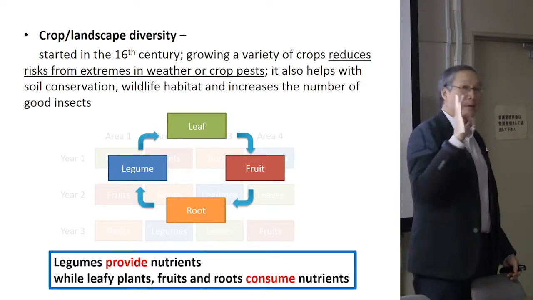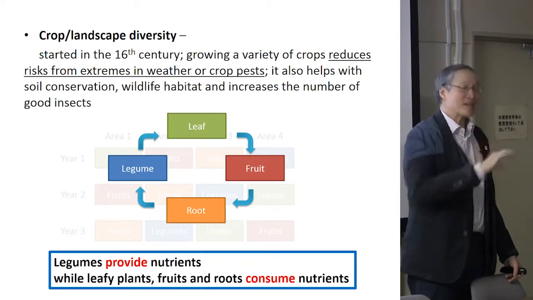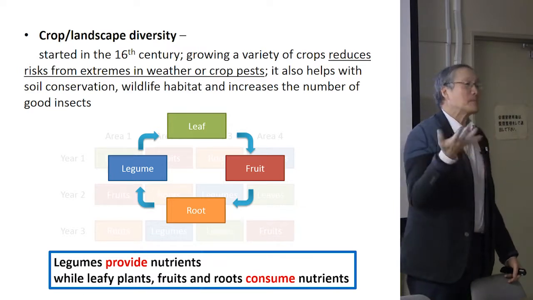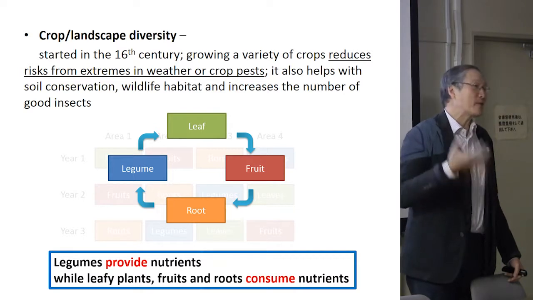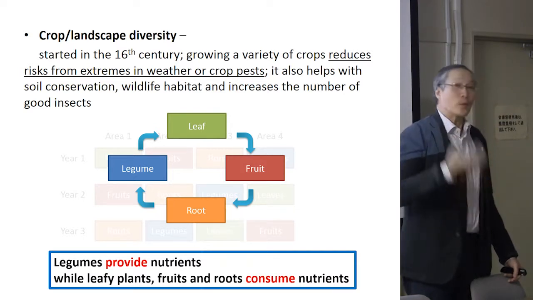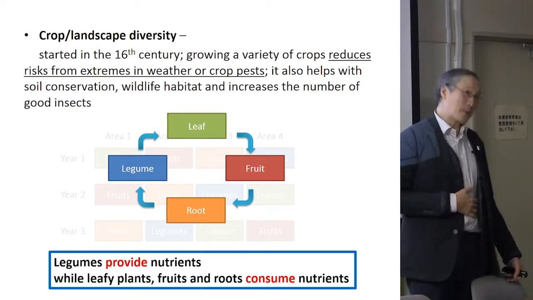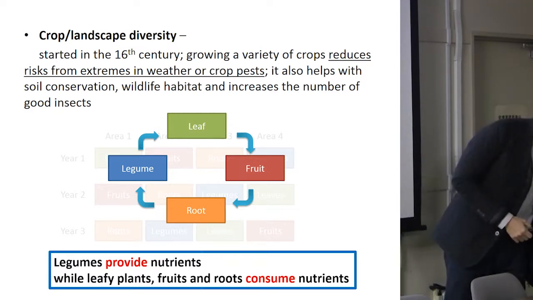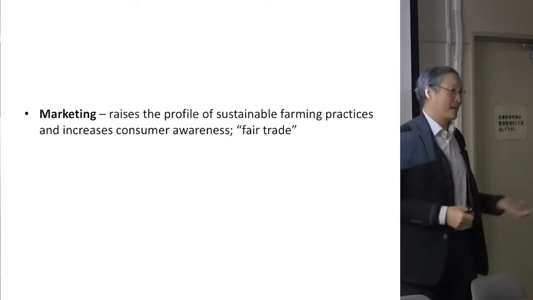The third aspect, remember, finance, the money. Money is important. It's not only important to keep the farm alive. It's not only important to keep the farmers healthy, but we need also to feed the stomach of the farmers, of the producers. So that's why we will talk about the third aspect, which is marketing.